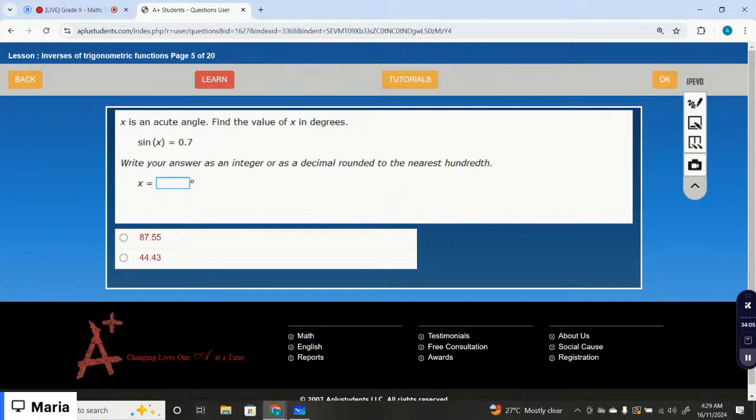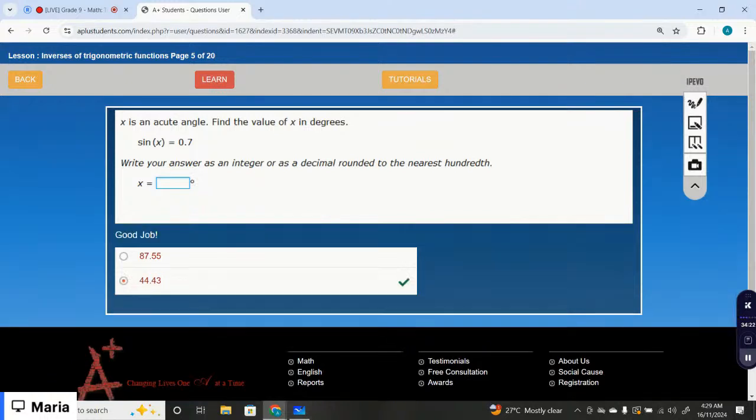So sin inverse 0.7 equals 44.43. Option number 2 is the correct option.